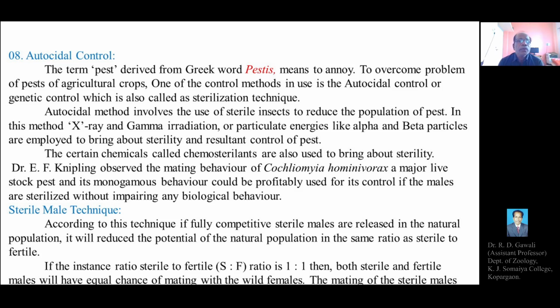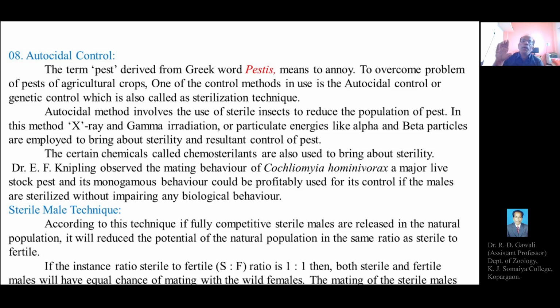According to this technique, if fully competitive sterile males are released in the natural population, it will reduce the potential of the natural population in the same ratio as sterile to fertile. If the sterile to fertile ratio is 1:1, both sterile and fertile males will have an equal chance of mating with the wild females.